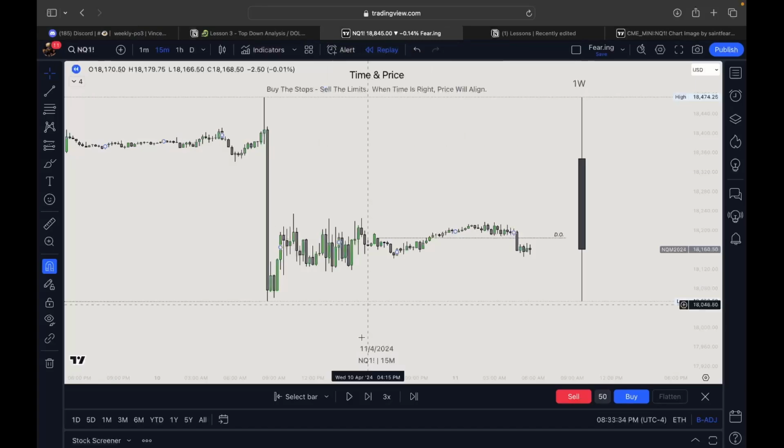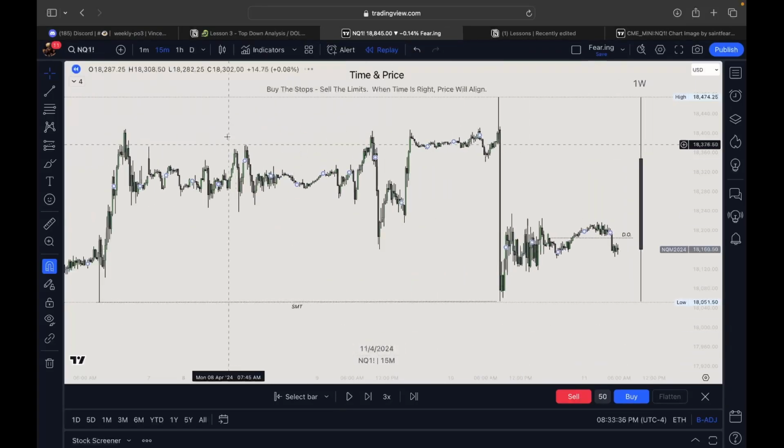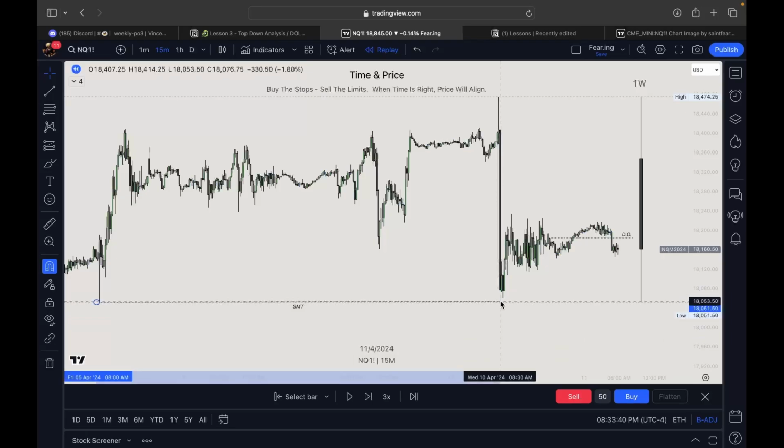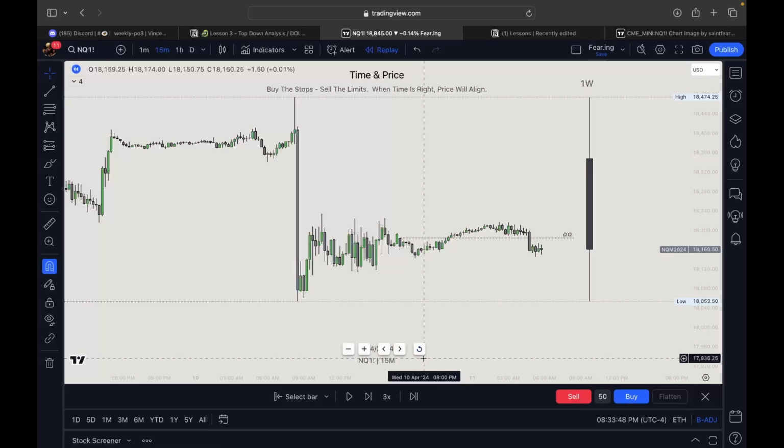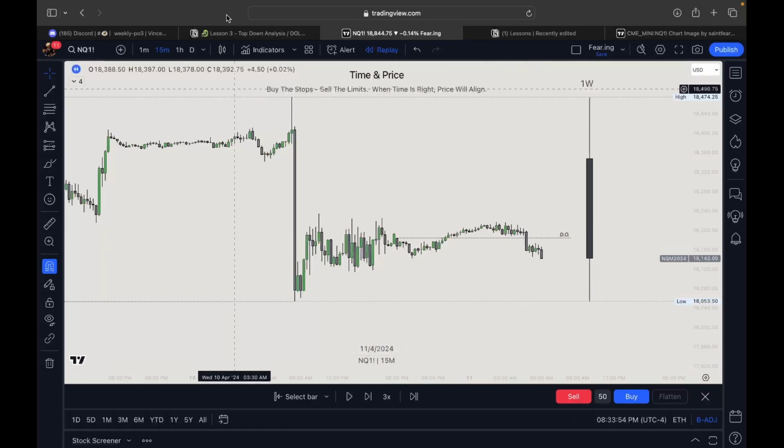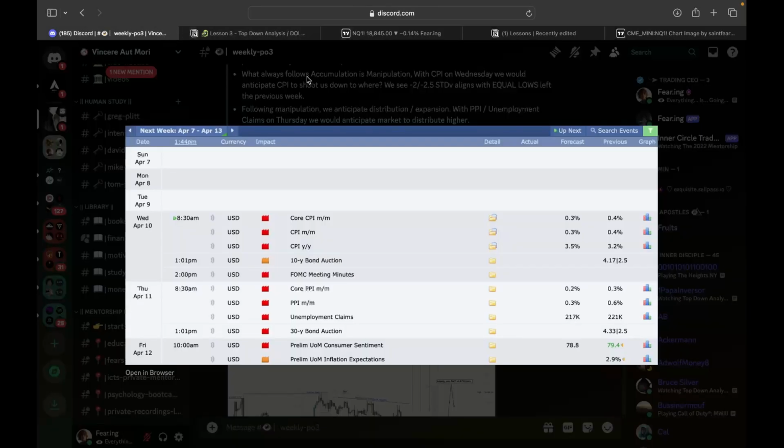So starting with our weekly, we've seen accumulation, manipulation, SMT confirmation. Now with our daily power 3, with it being our anticipated distribution day, our buy day, we are looking for Asian accumulation, London manipulation.